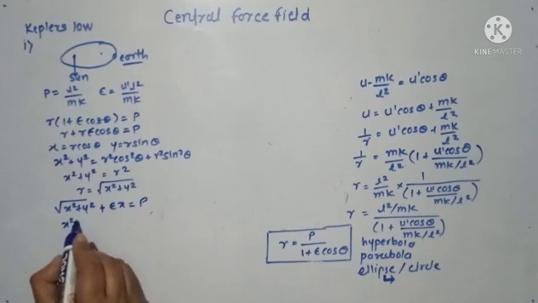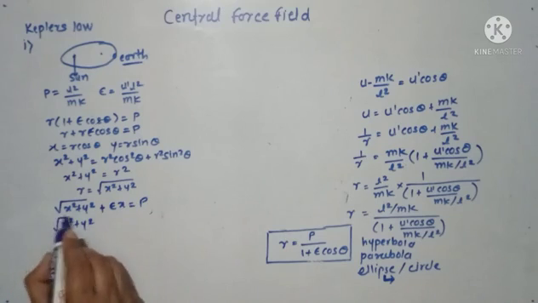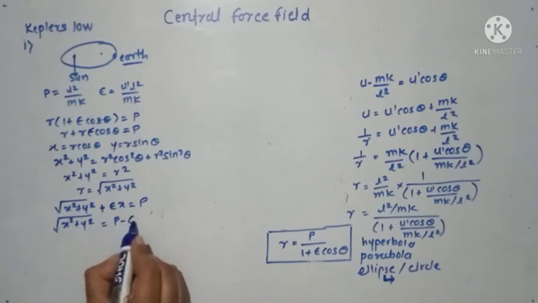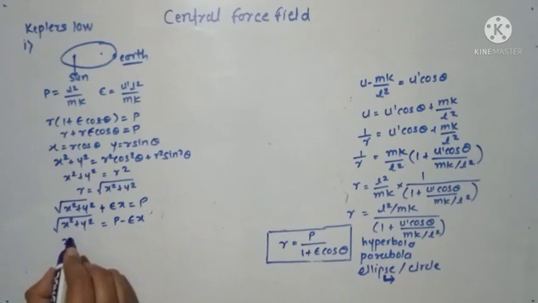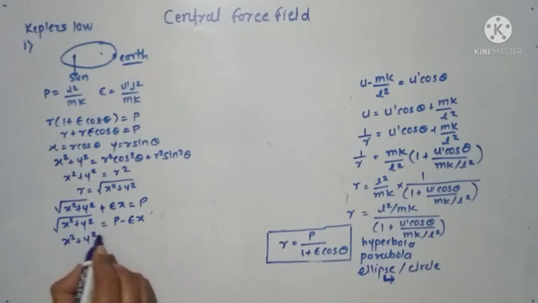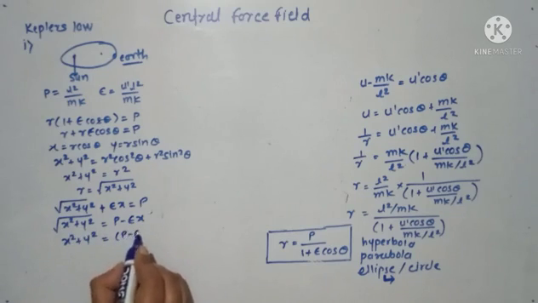If I write it as √(x² + y²) = P − εx, squaring on both sides, we will get x² + y² = (P − εx)².